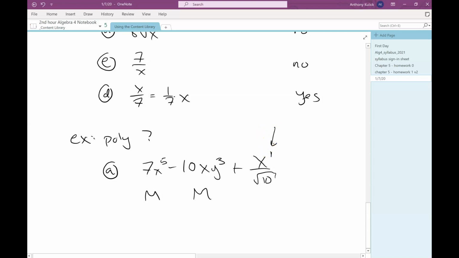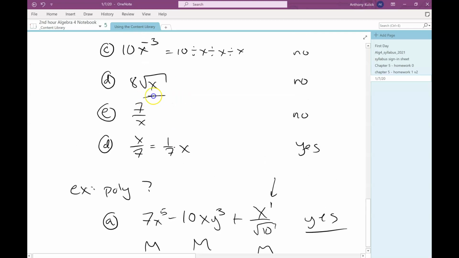Like that, no square root on the variable. If the square root is just over the number part, that's okay. So like here, notice that the square root was over the variable. That's why that one's an issue. But if the square root was just over the 8, that would have been fine. Is that okay? Okay. Let's do one more.